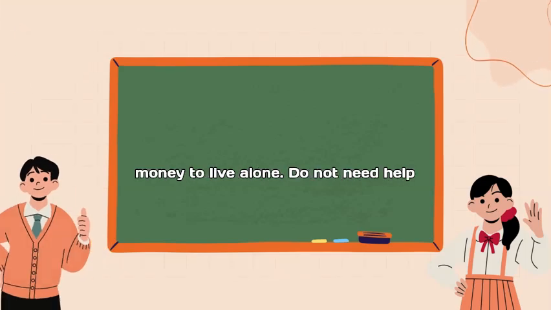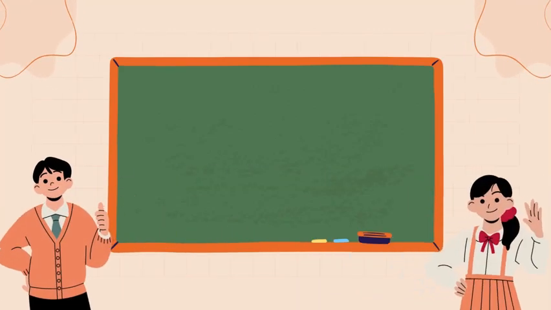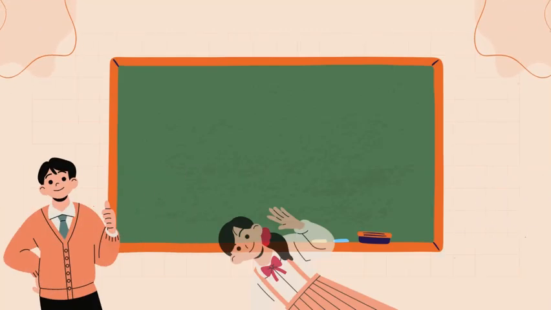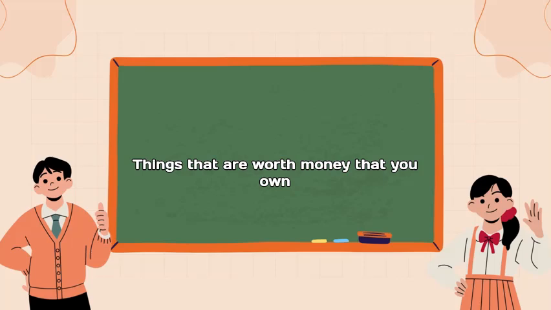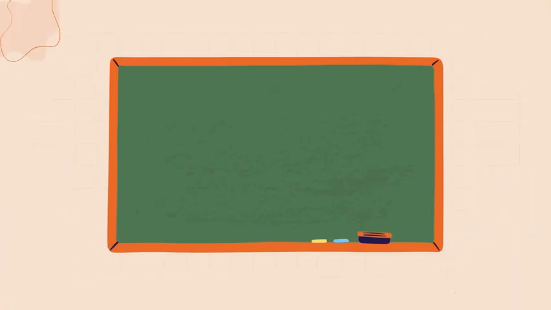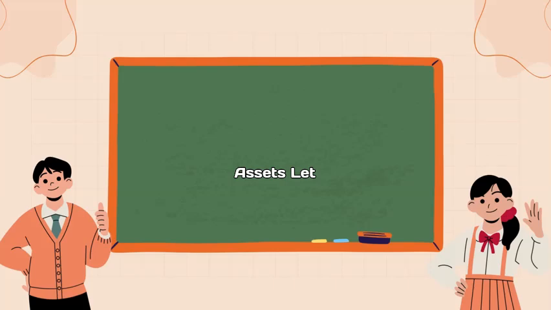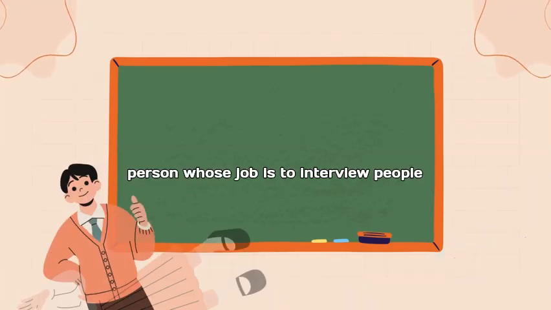Have enough money to live alone. Do not need help with money. Financially independent. Things that are worth money that you own. Assets. Let you have something. Grant. A person whose job is to interview people for visas.